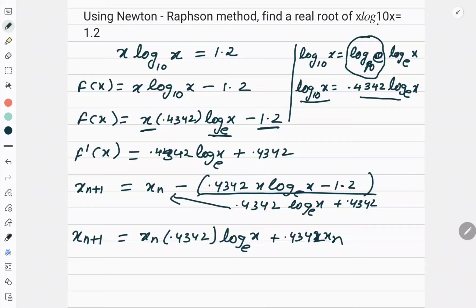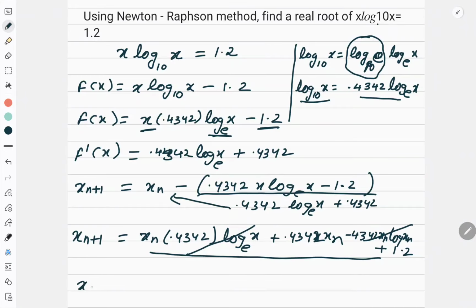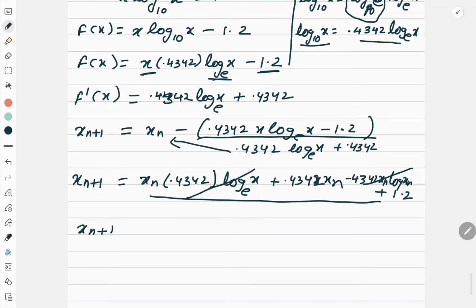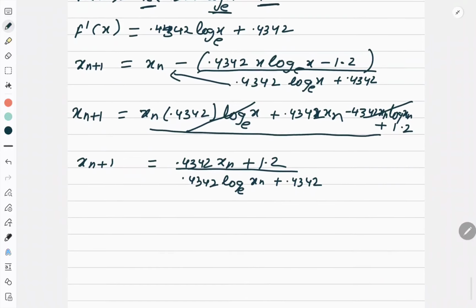Simple, this LCM I am taking, minus 0.4342 xn log xn plus 1.2 upon the same thing. So you can observe this term and this term is getting cancelled. Denominator I am not writing. Xn plus 1, you will get 0.4342 xn plus 1.2 upon 0.4342 log xn plus 0.4342. So this is my iterative formula.